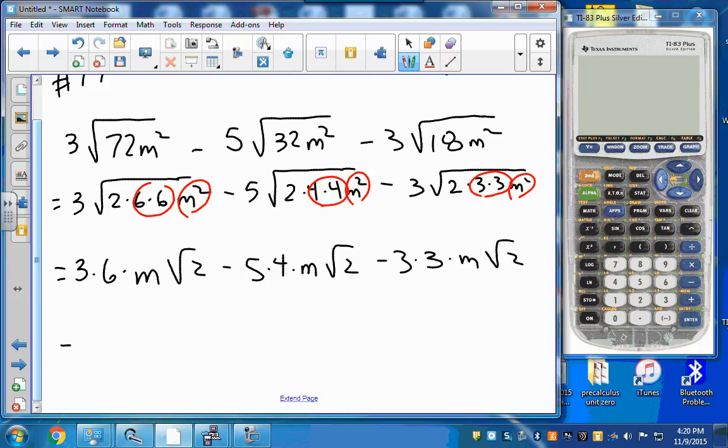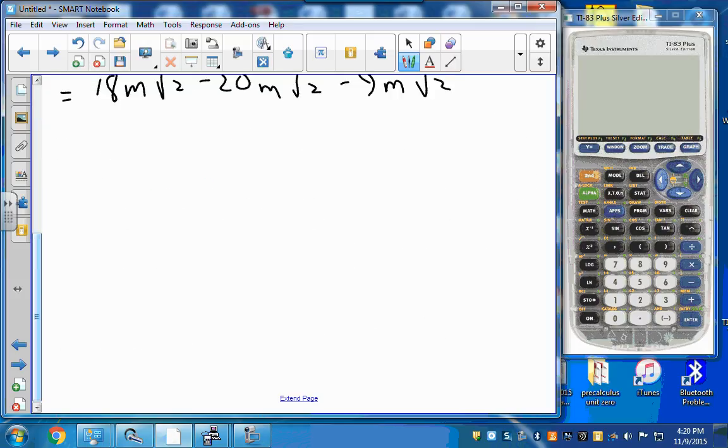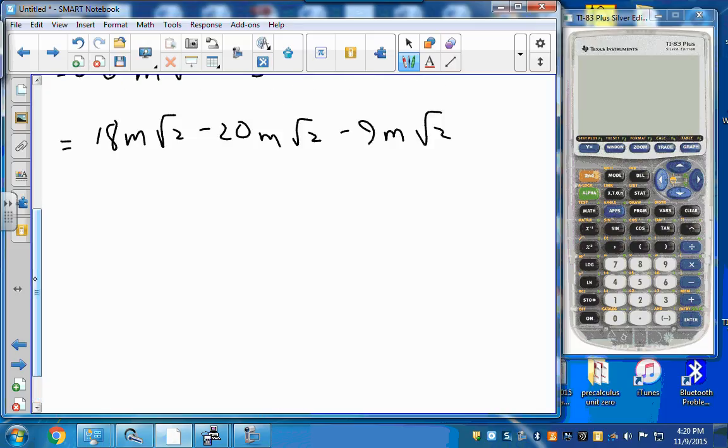Cleaning these up, 18m square root of 2 minus 20m square root of 2 minus 9m square root of 2. Okay, so if I want, I can just go ahead and add these up. 18 of these things, take away 20 of them is minus 2m square root of 2, minus 9m square root of 2 is minus 11m square root of 2.